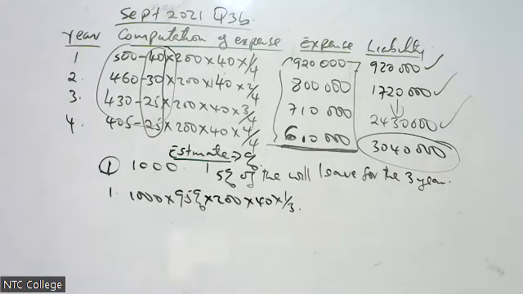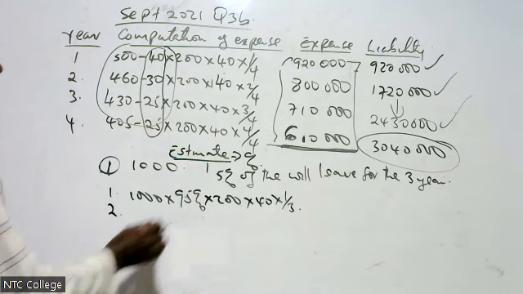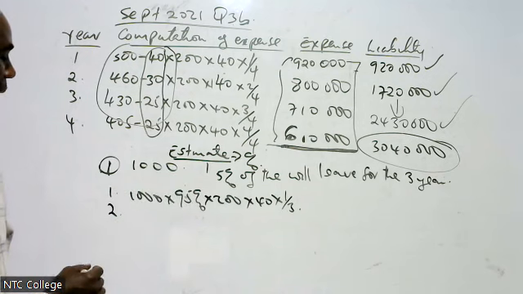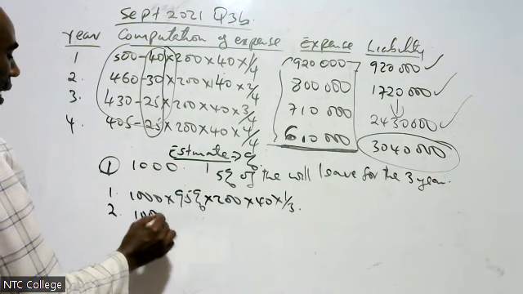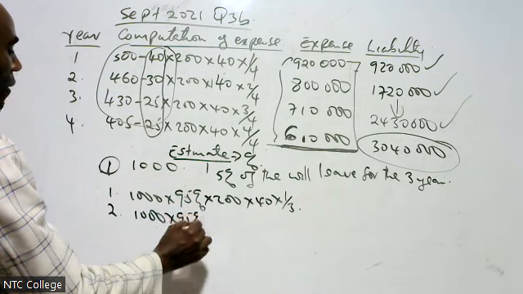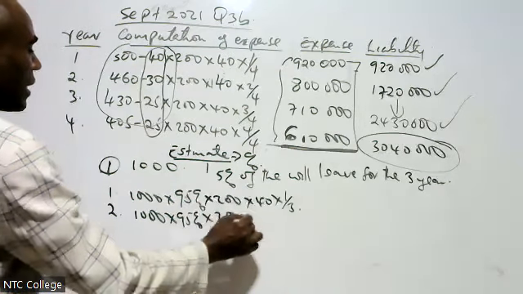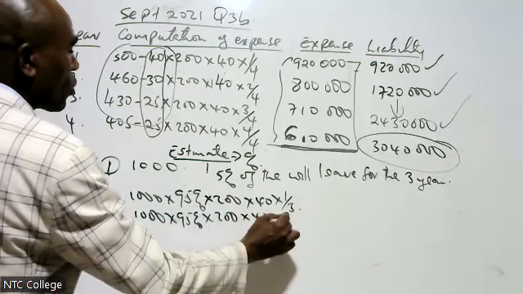When I come to year 2, remember this was an estimate of 5%. Therefore, still I will take 1,000 times 95% times 200 times 40 times 2/3.